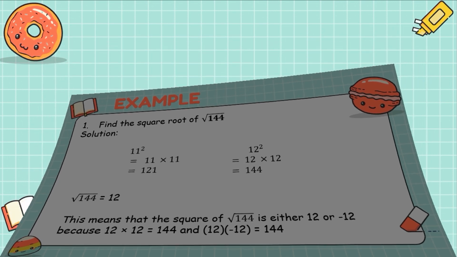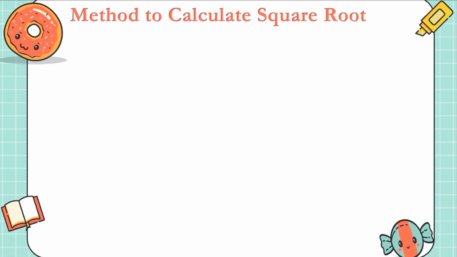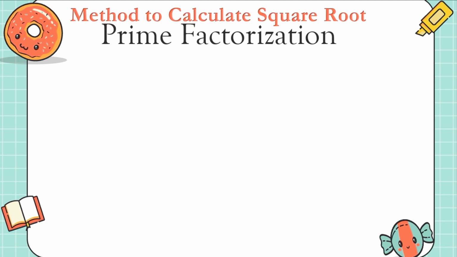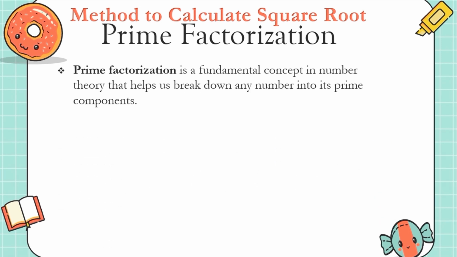Now, if you don't have a calculator, we have a method to find square roots using prime factorization. So what is prime factorization? Prime factorization is a fundamental concept in number theory that helps us break down any number into its prime components.